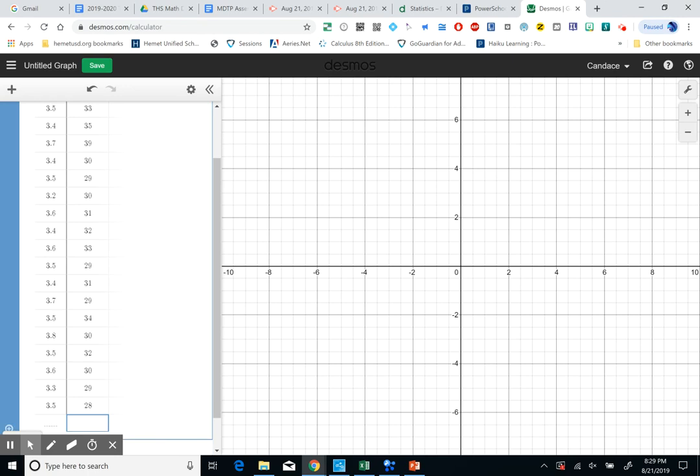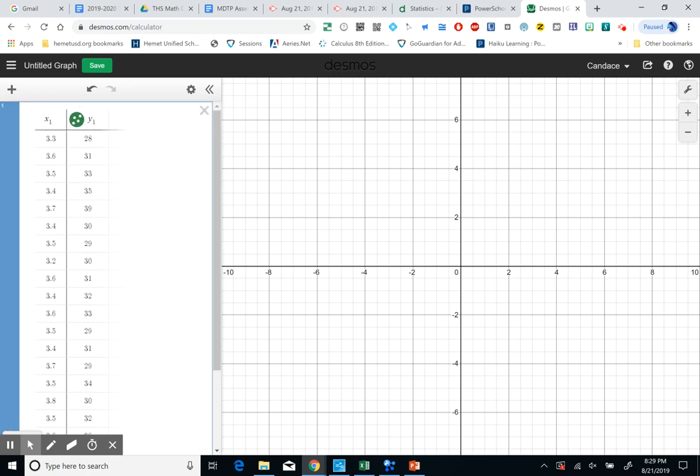Perfect. Okay, so I've got all my data in there. One list is in x1 and one is in y1, and we can use both lists. You can probably add more lists and make a bigger table if we needed to.